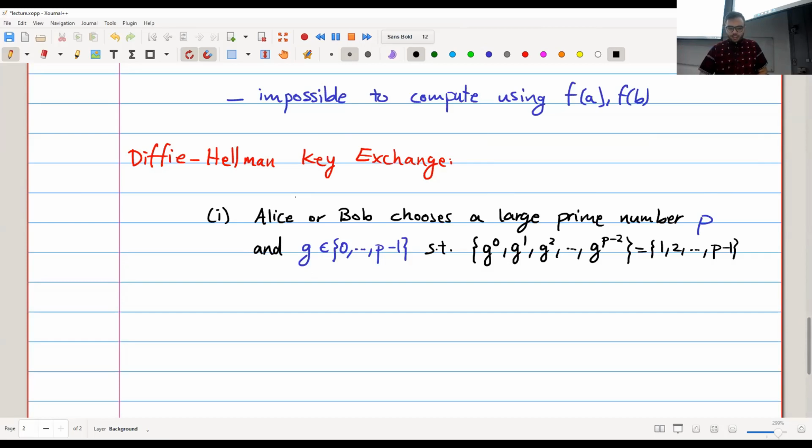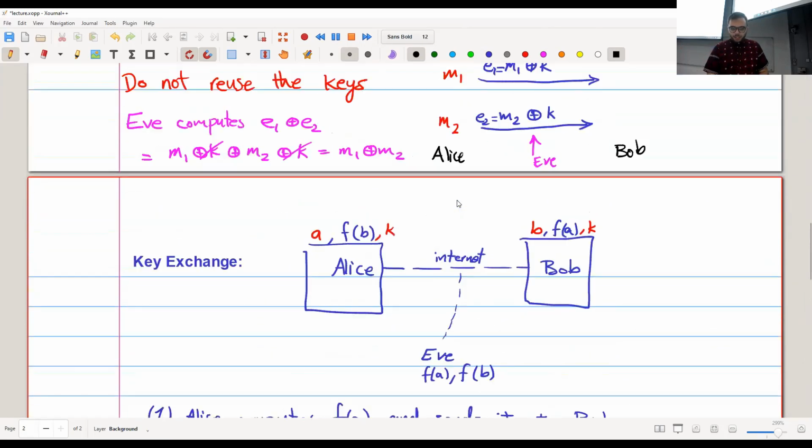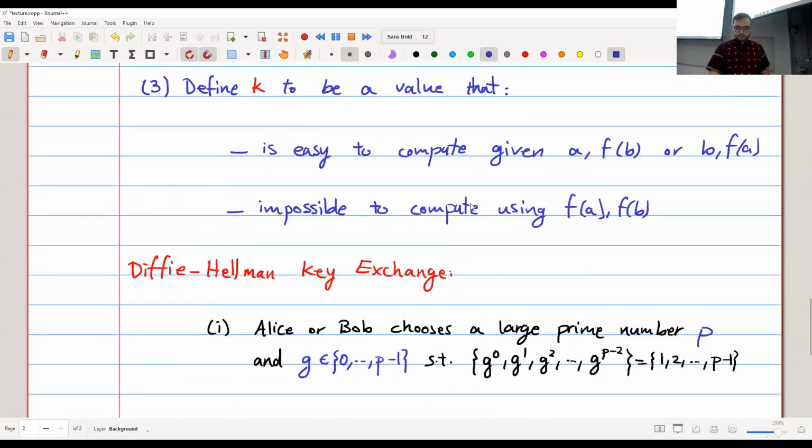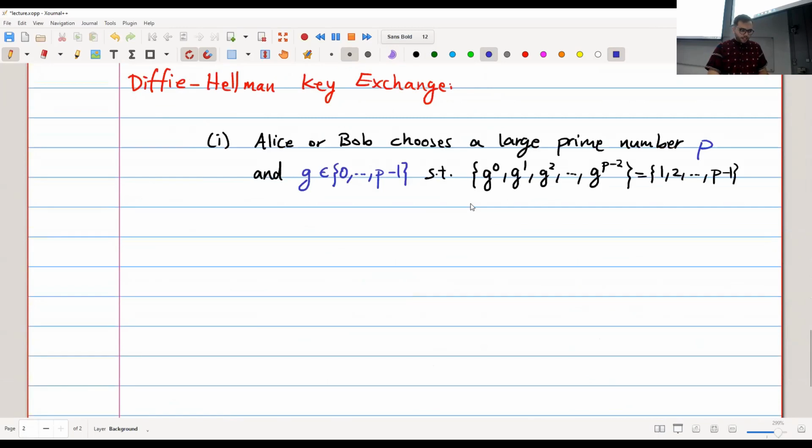So both p and g are going to be public. Here I'm just going to say that Alice sends it to Bob. It can be the other way around. I don't care. P and G. Now we need to choose our secrets. So I say Alice chooses a secret.